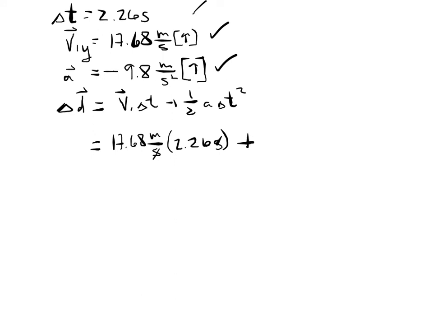Because of the order of operations, this is going to be simplified, this is going to be simplified, and then we add the two together. Plus a half, negative 9.8 meters per second squared. Don't forget that negative, people often do.